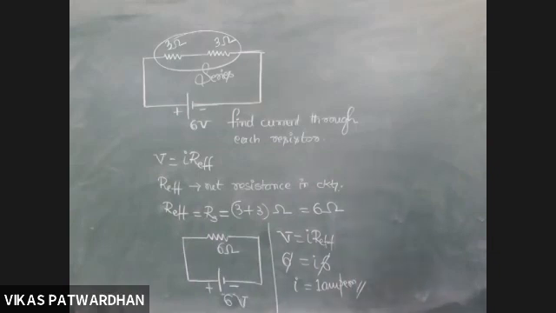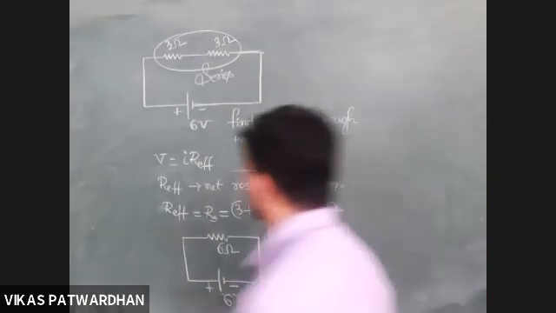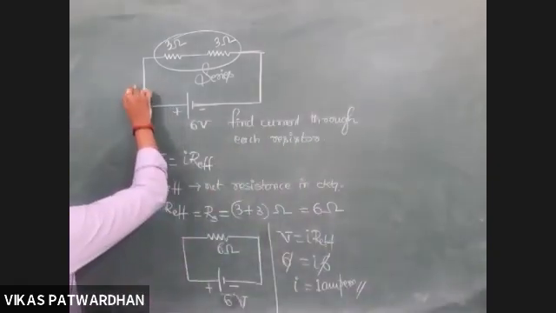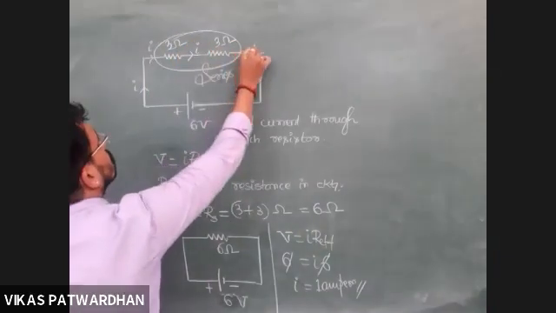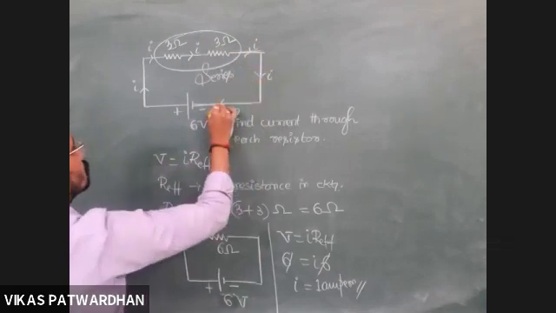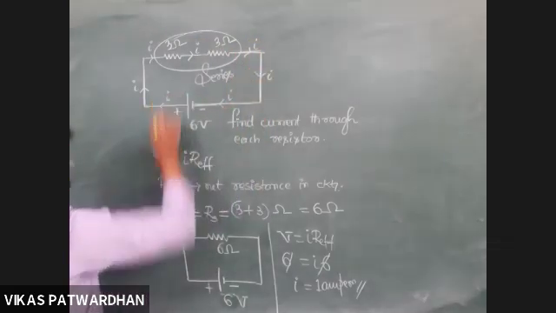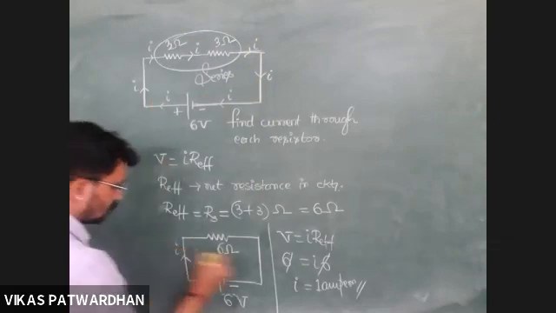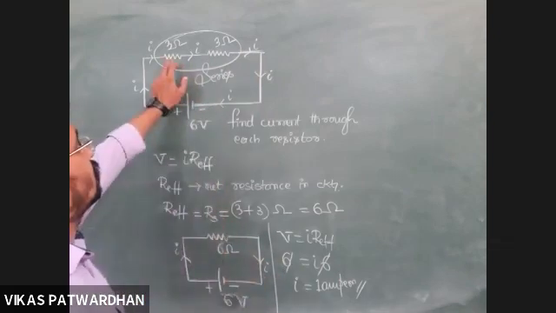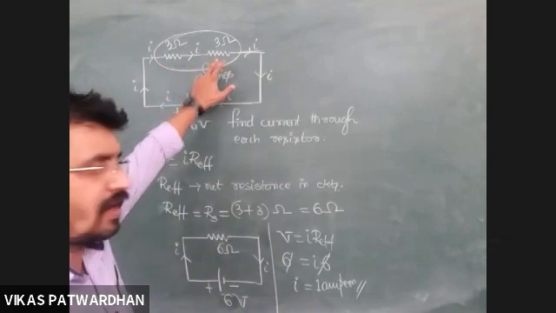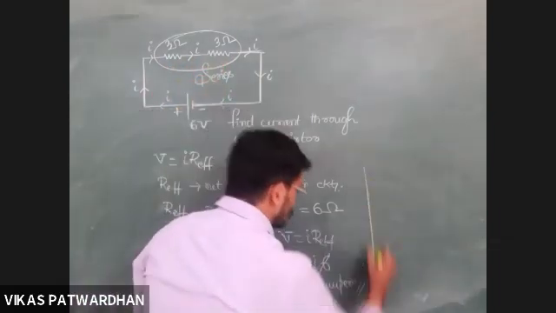What was the question? Find current through each resistor. So here, whatever the current I is here, it will be the same here too. So what is current through each resistor?